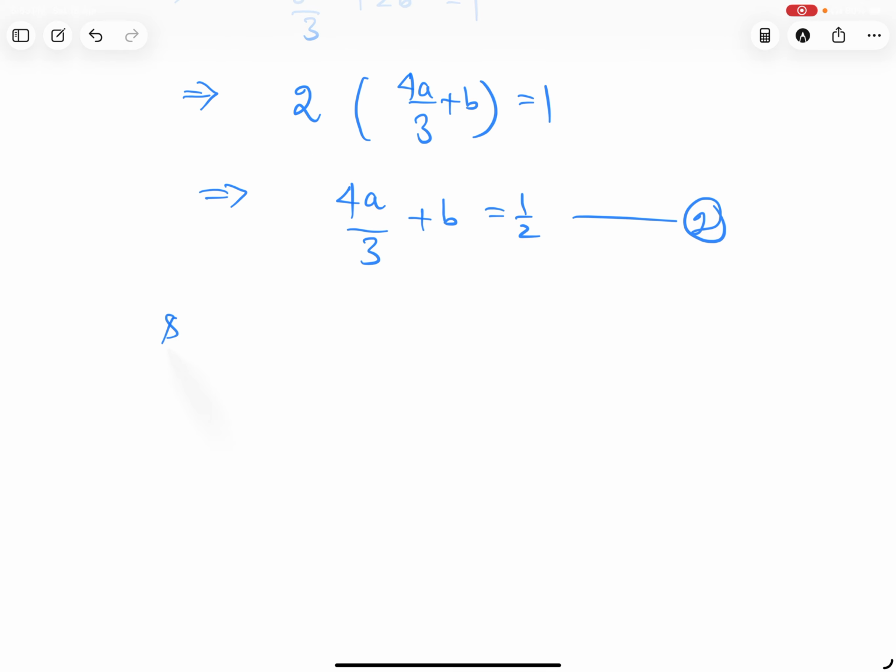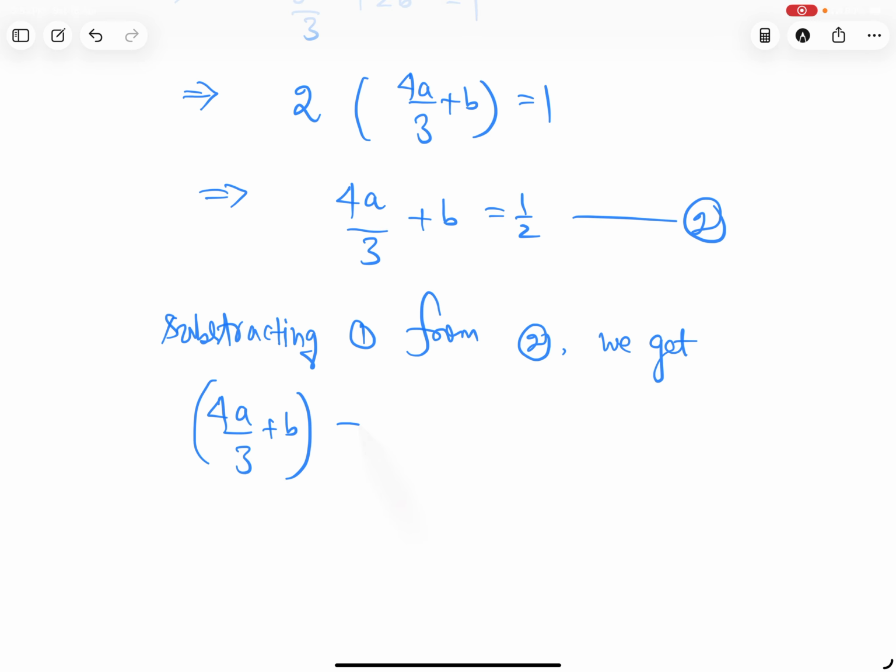Now we are going to solve by subtracting 1 from 2. We get 4a/3 + b minus (a + b) equal to 1/2 minus 1/2.